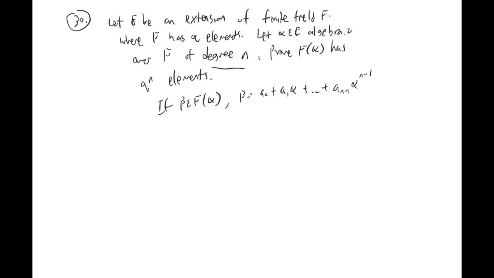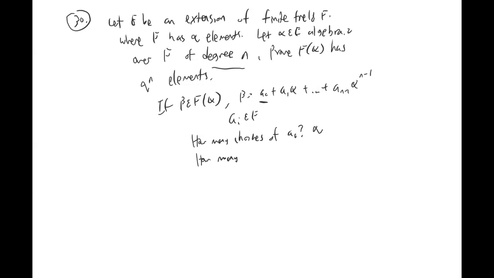And now this is just a counting argument. How many choices of a0 do I have? All the a_i are in F, right? So how many choices of a0 do I have? q, right? Because F is a finite field of q elements. And then how many choices of a1?